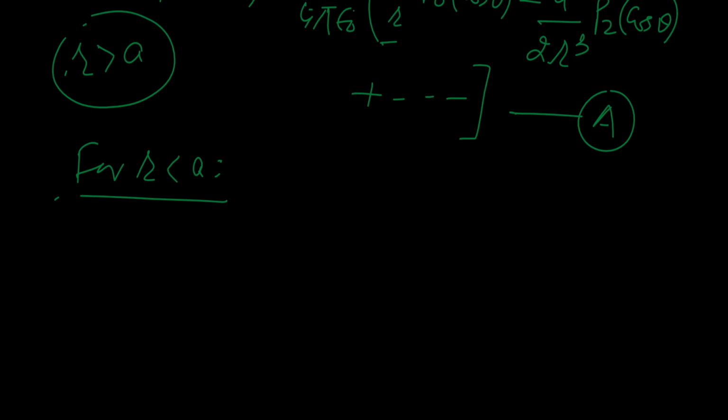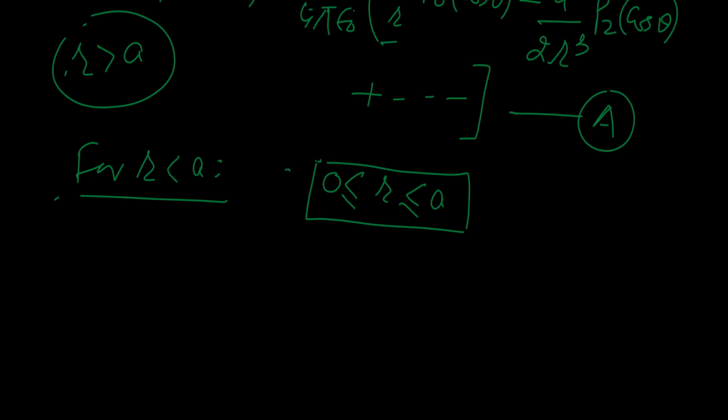When r is less than a, we can take r equal to 0. It means our limitation is 0 less than or equal to r, and this is less than or equal to a. This is our limitation. So we can find the potential even at r equal to 0.